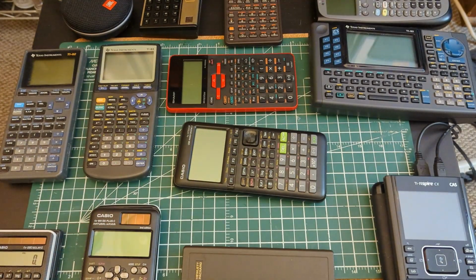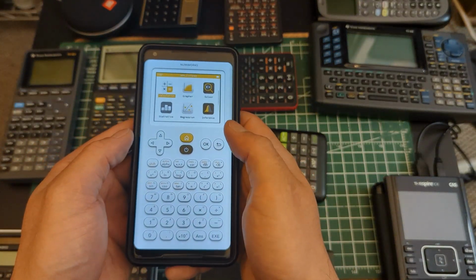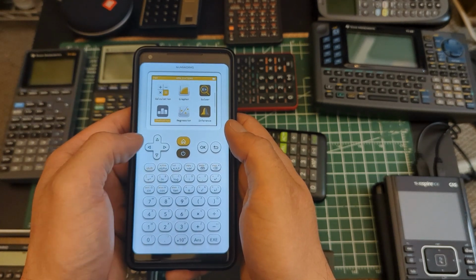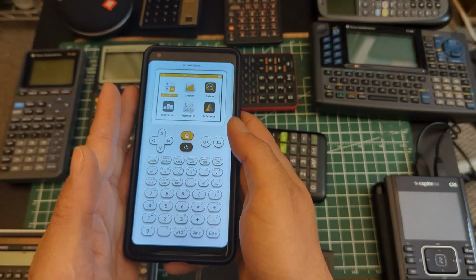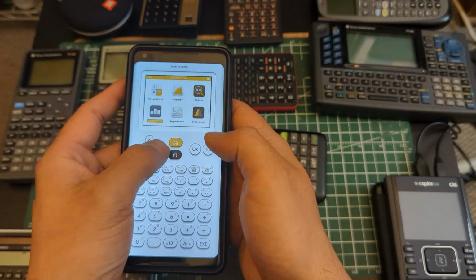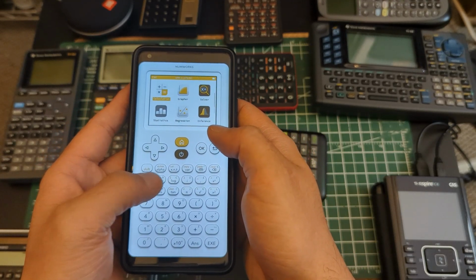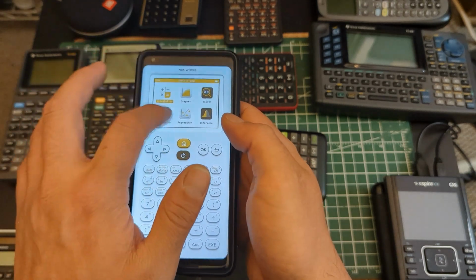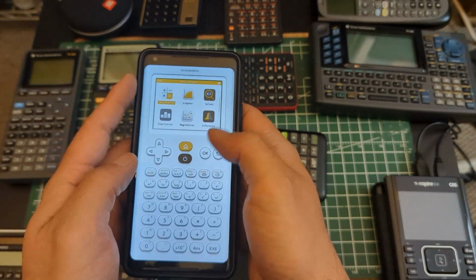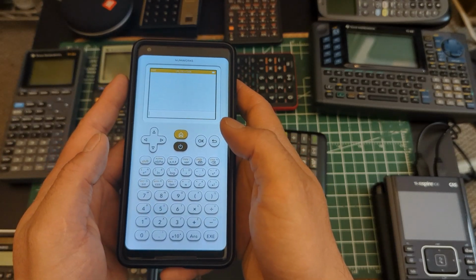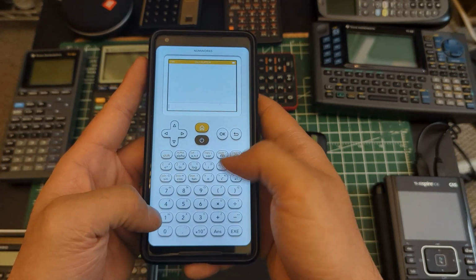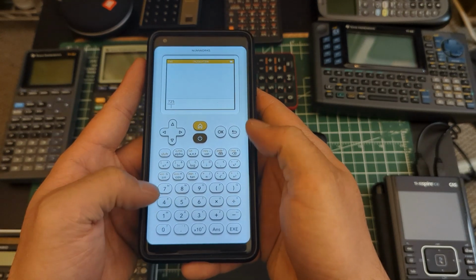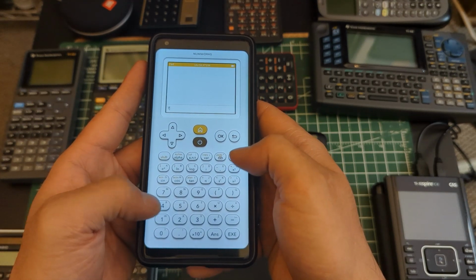And then what else do we got? Okay, we got the NumWorks app, and unfortunately it's an emulator of the NumWorks calculator, but you still have to navigate using the buttons themselves. There's no touch screen, which I guess is a true emulation of using the calculator. But 75, oh, that's not right. Where's my clear?